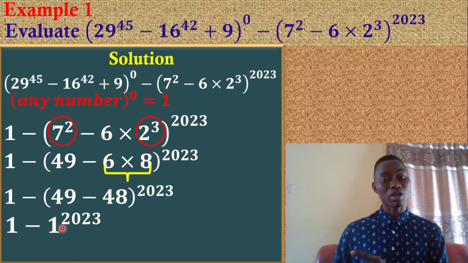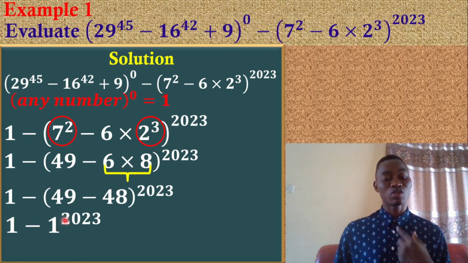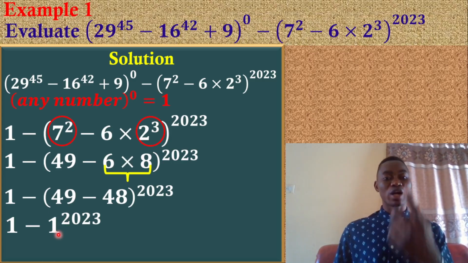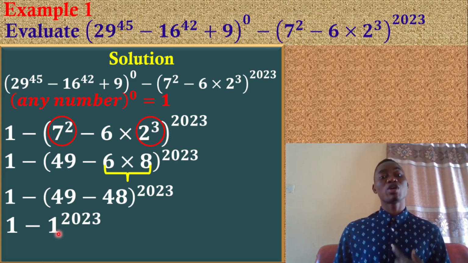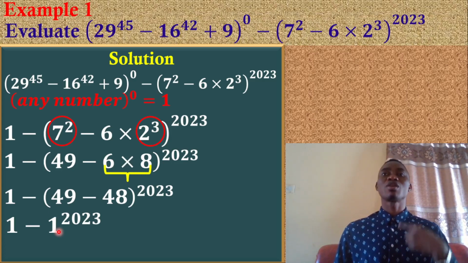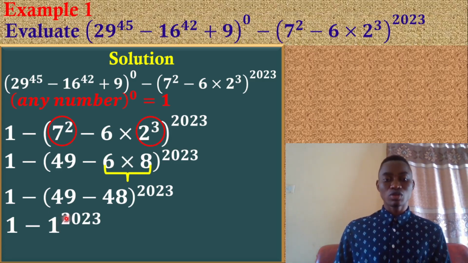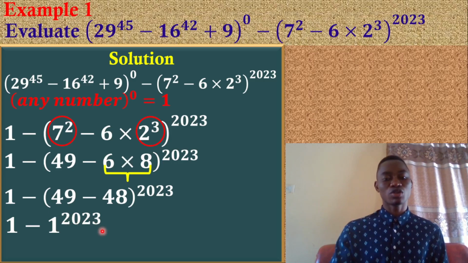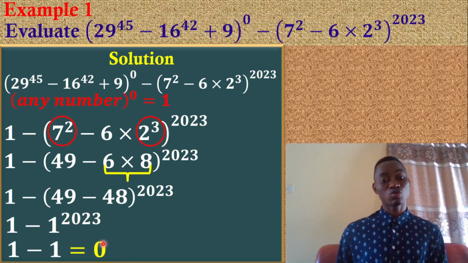So 1 is a number. If you raise 1 to the power of 0, you get 1. If you raise 1 to the power of 1, you still get 1. 1 raised to the power of 2 gives us 1 as well. So 1 raised to the power of 2000 is 1.